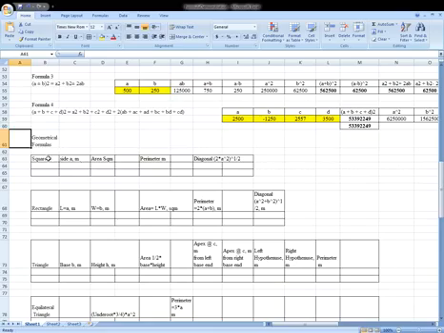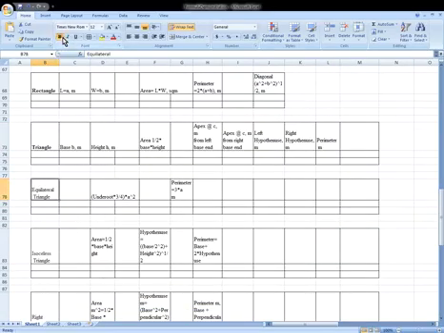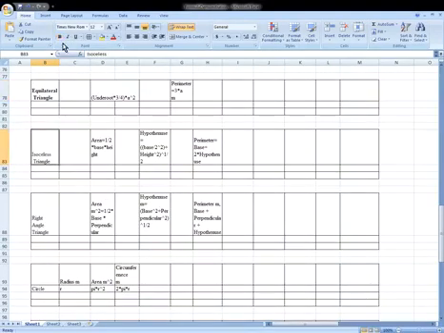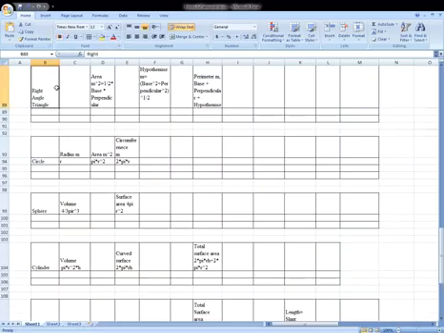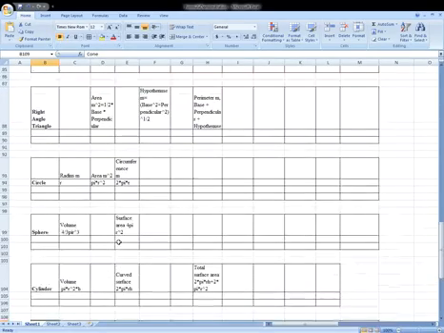For example, square, rectangle, triangle, equilateral triangle, isosceles triangle, right angle triangle, circle, sphere, cylinder, cone. These are very, very basic formulas.